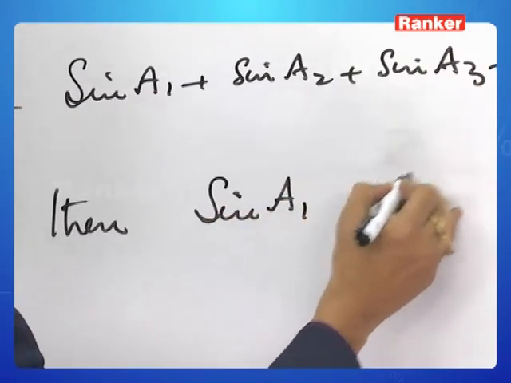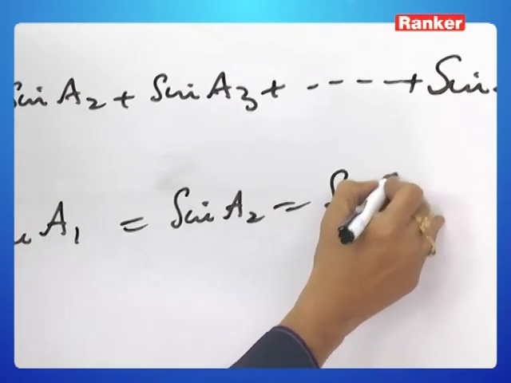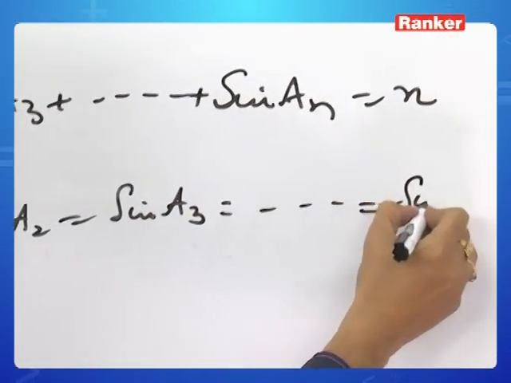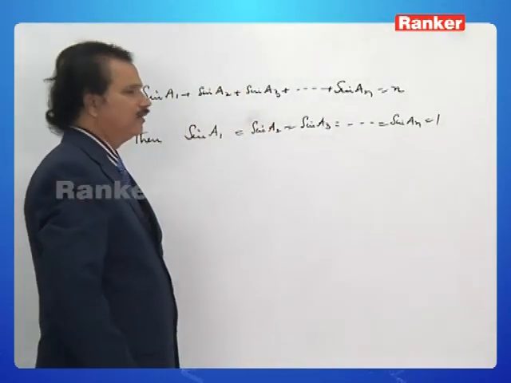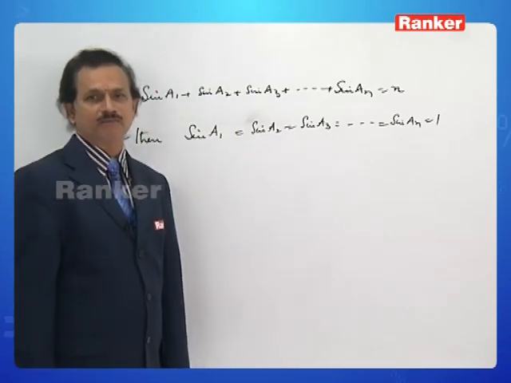sin A1 is equal to sin A2 is equal to sin A3 is equal to sin A4 is equal to sin AN is equal to 1. Automatically, you need not write it here. If sin A1 is equal to 1, A1 can be taken as pi by 2, isn't it?